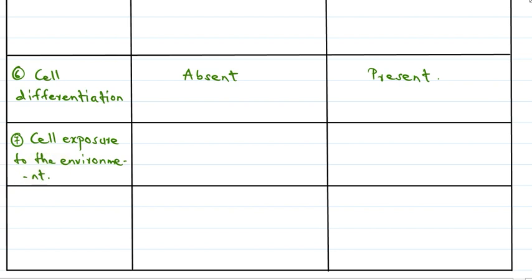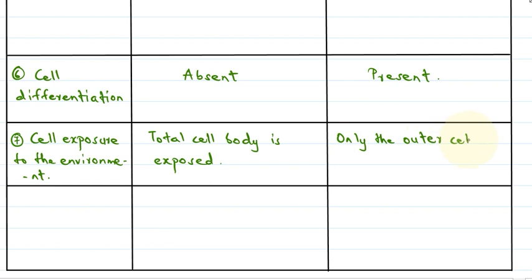Okay, so in case of unicellular organisms, the total cell body is exposed to the environment, whereas in case of multicellular organisms only the outer cells are exposed to the environment.